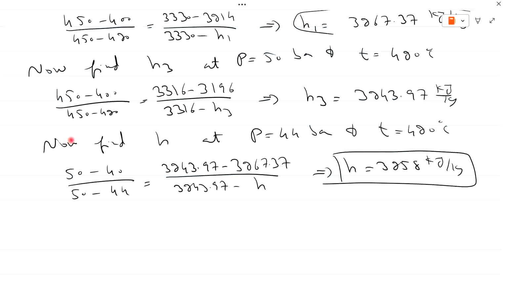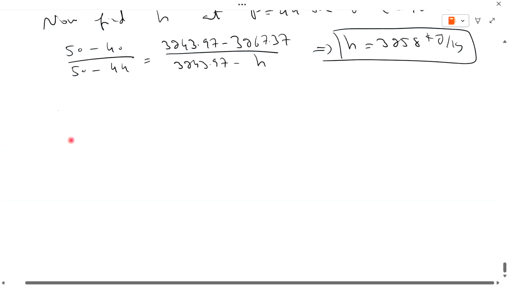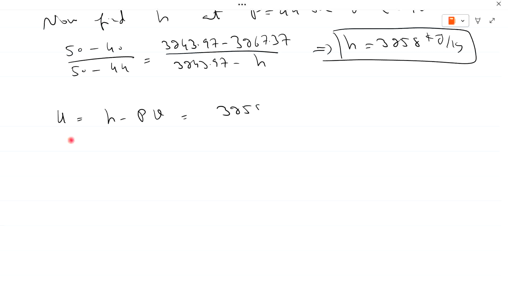Now find specific internal energy by using the formula U is equal to H minus PV. The value of H is 3258 kilojoule per kg minus the value of pressure, 44 bar, converted into Newton per square meter. So 1 bar is equal to 10 power 5 Newton per square meter, and specific volume is 0.0695 meter cube per kg.